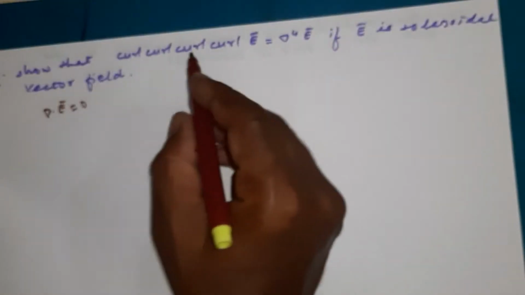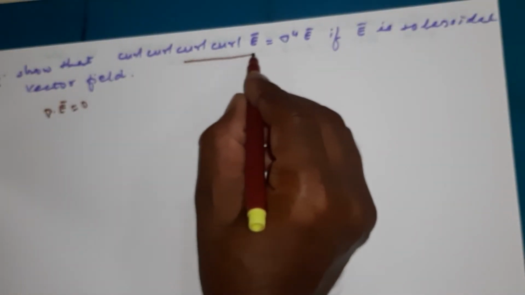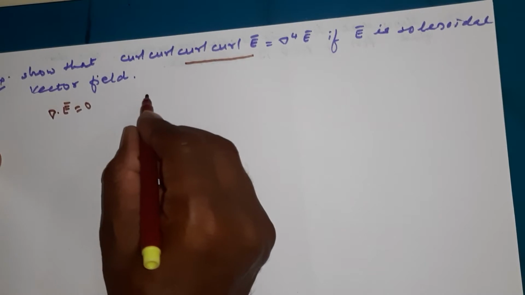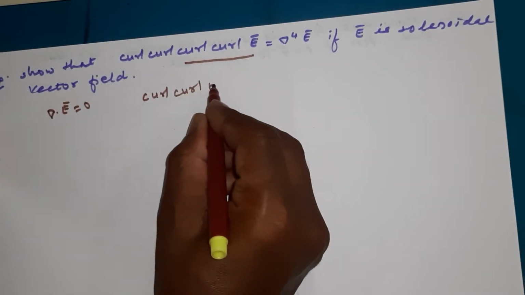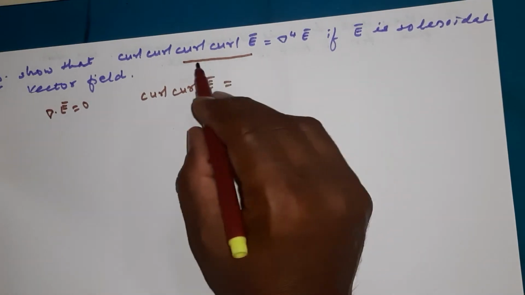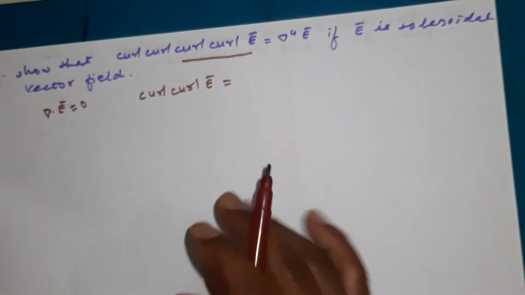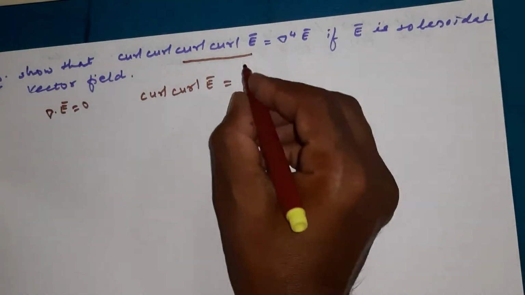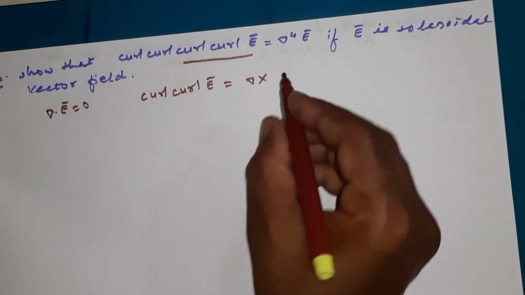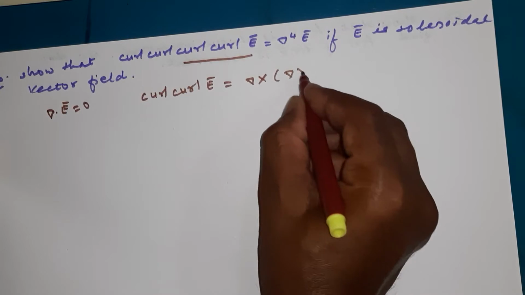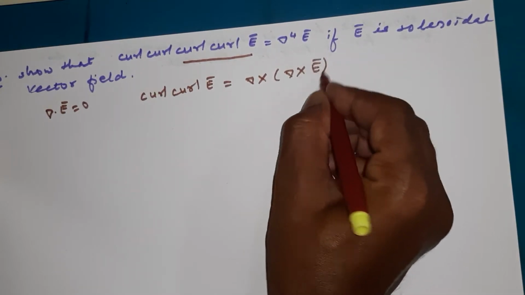Now we just take these two curls first. LHS: curl curl E bar. We consider this curl E bar. Now curl means del cross, so this curl means del cross in bracket del cross E bar.